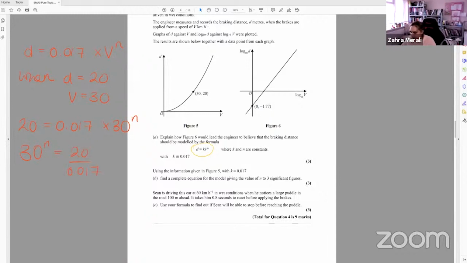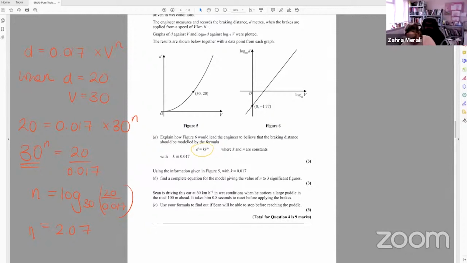So therefore n must be the same as log to the base 30 of 20 over 0.017, which gives me n equals 2.08 to 3 significant figures.